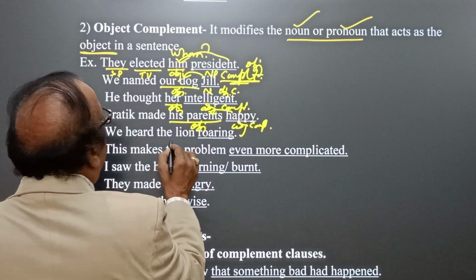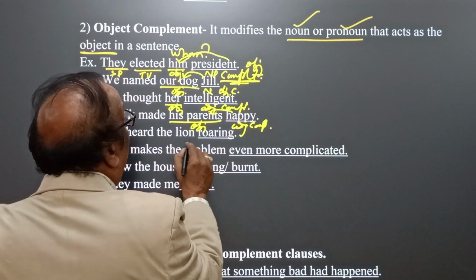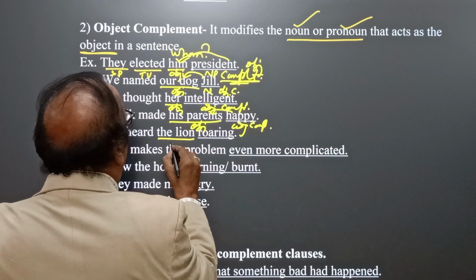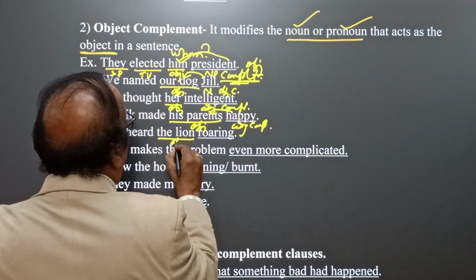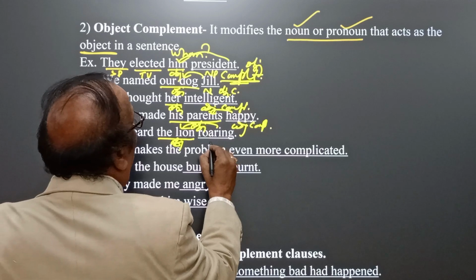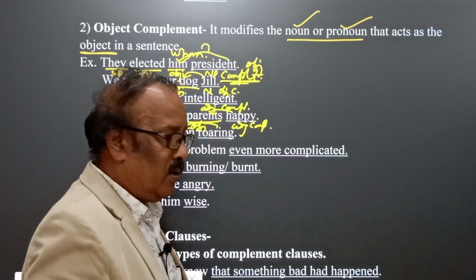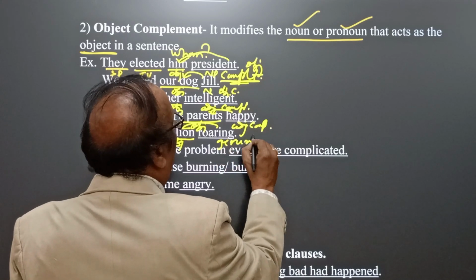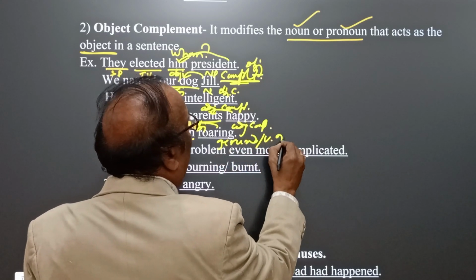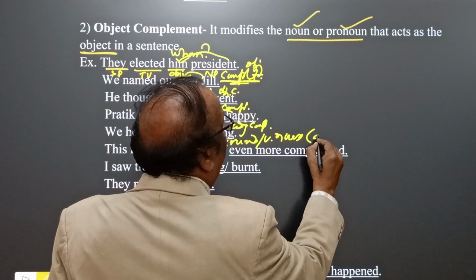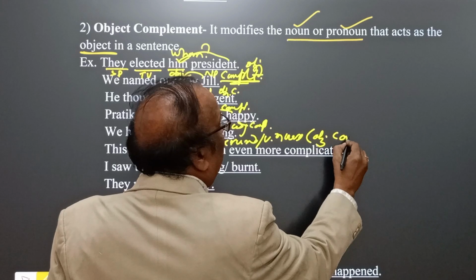We heard the lion roaring. We heard whom? The lion. The lion is the object, and roaring is the noun, roaring here is a gerund, a verbal noun, and here this is object complement.